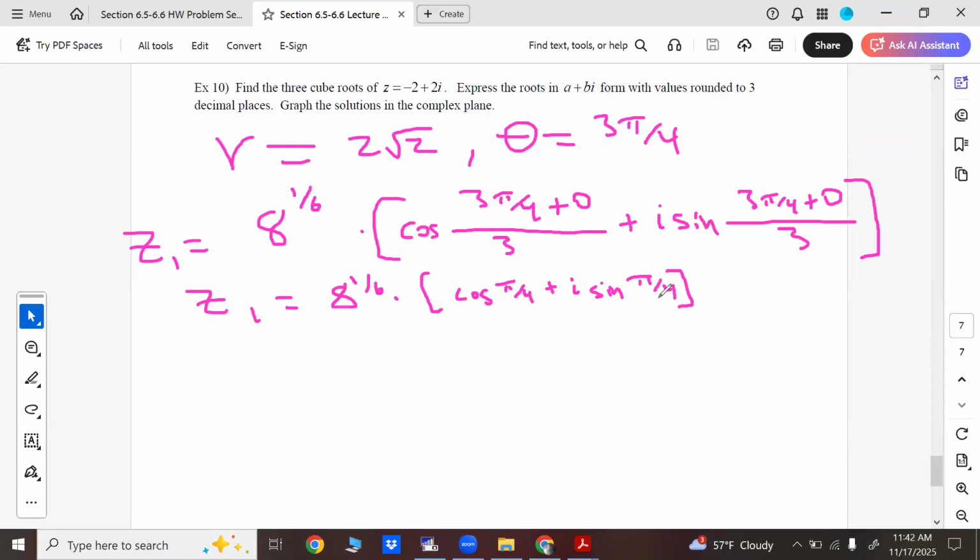So let's see here. 8 raised to the 1/6 power. It's crazy. It actually comes out as root 2. Is that right? Yeah. Oh, okay. Times cosine of 45 degrees. Oh, actually came out kind of nice. 1 plus i.